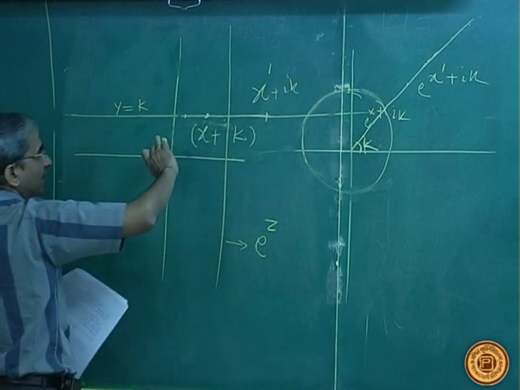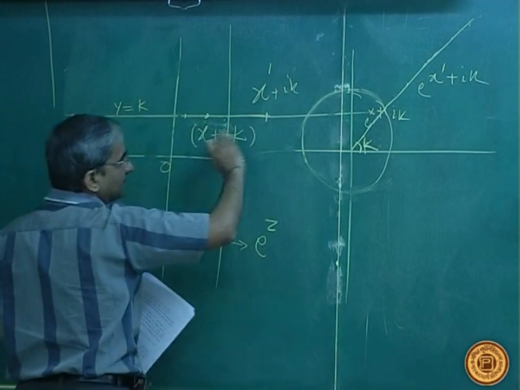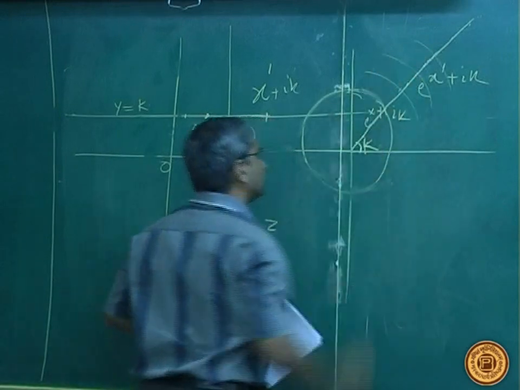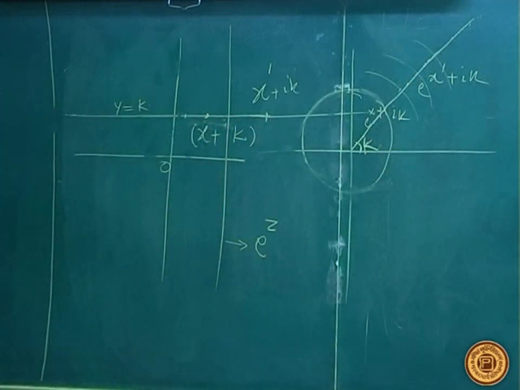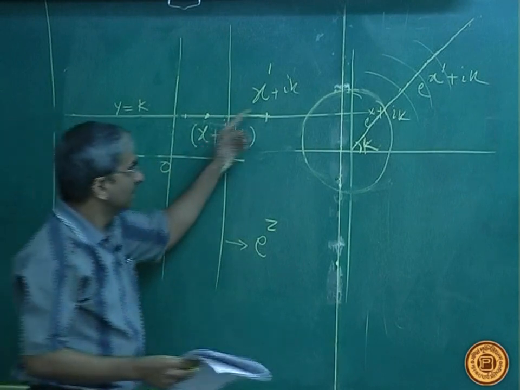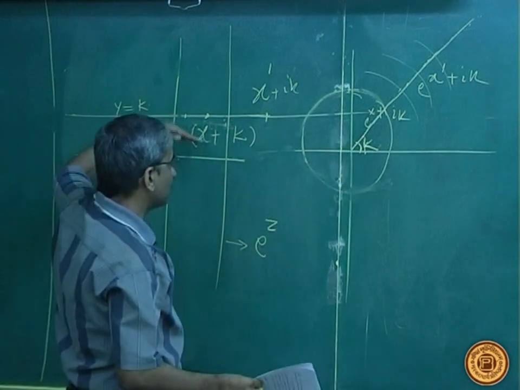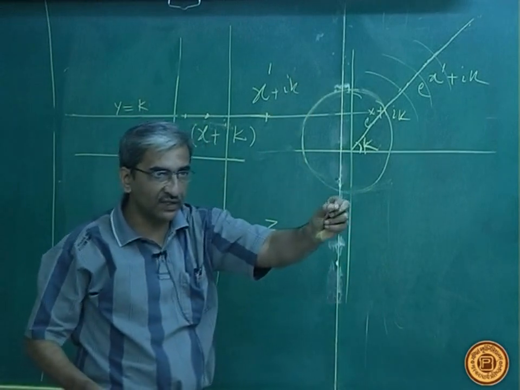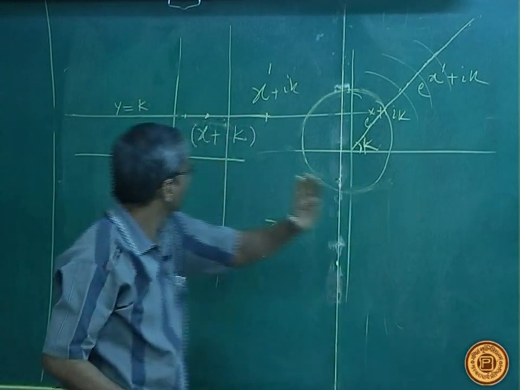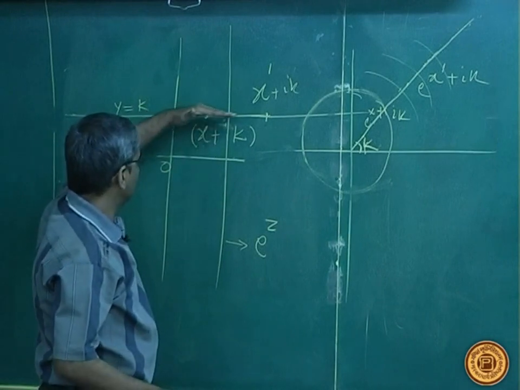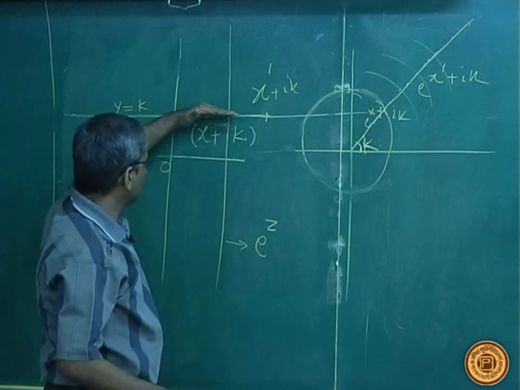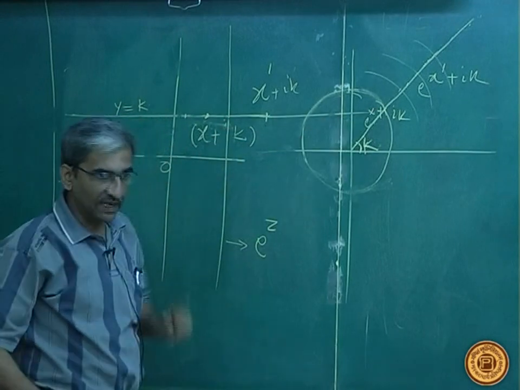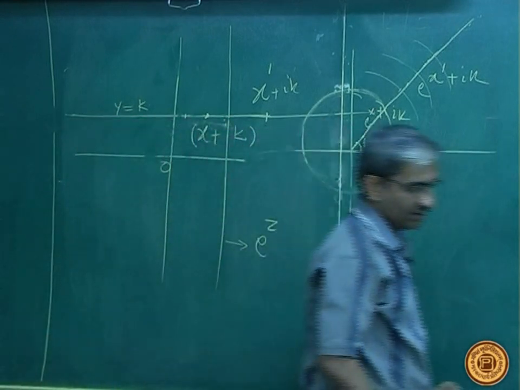But the modulus will keep changing. If you fix x, the circle will be fixed. If you fix y, the ray will be fixed. If you fix both, meaning the complex number is fixed, you will hit exactly one point. So this y coordinate is also fixed, x coordinate is also fixed, then you will get a unique point here. That is actually the mapping e to the power z.